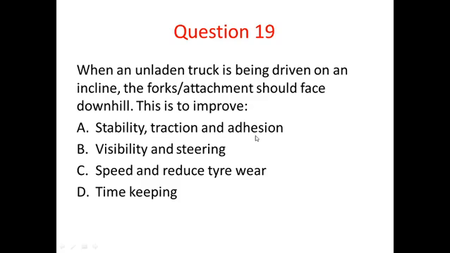You'd want the back of the vehicle to be facing uphill. So when you're carrying a load, that means that the load would be facing uphill. If you are not carrying a load, it means that the back wheels would be facing uphill. So the forks would therefore be facing downhill, irrespective of the direction of travel, i.e. if you're travelling up or down, you'd want the forks facing downhill regardless.